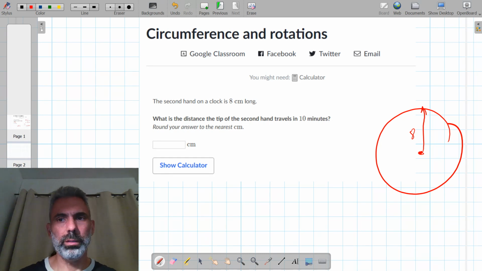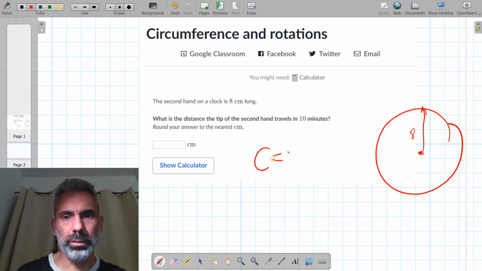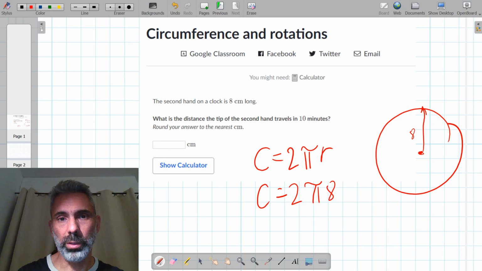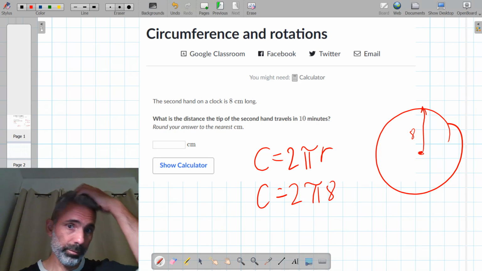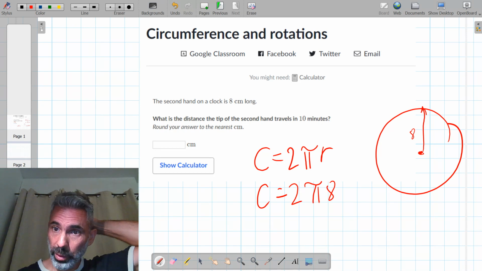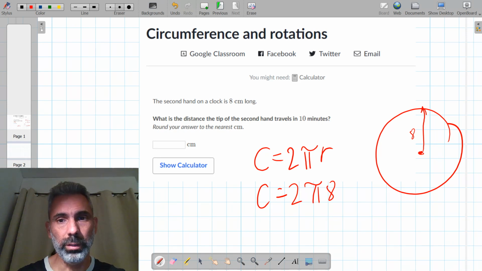So in 1 minute the circumference is 2 pi r, so the circumference is 2 pi times the radius, which is 8, assuming that the second hand goes all the way from the center of the circle to the edge of the circle.